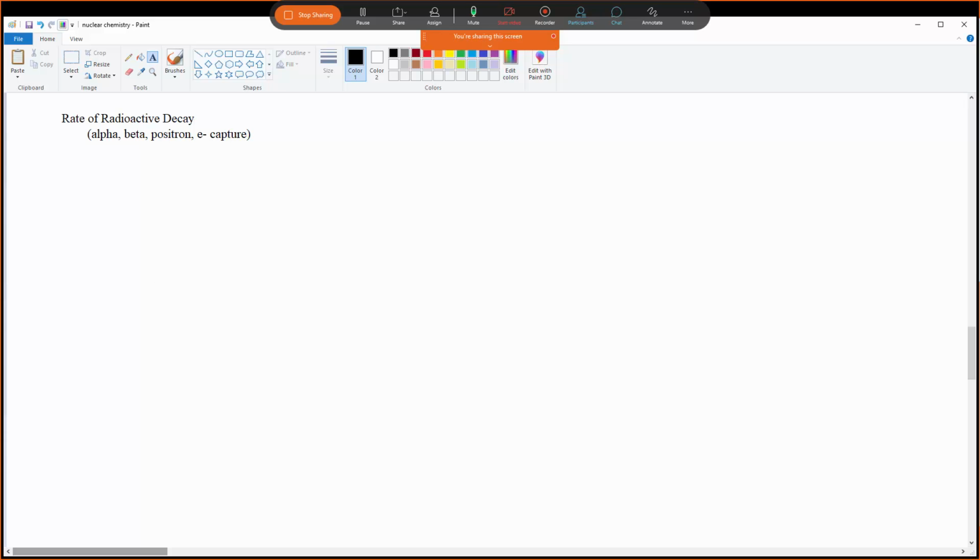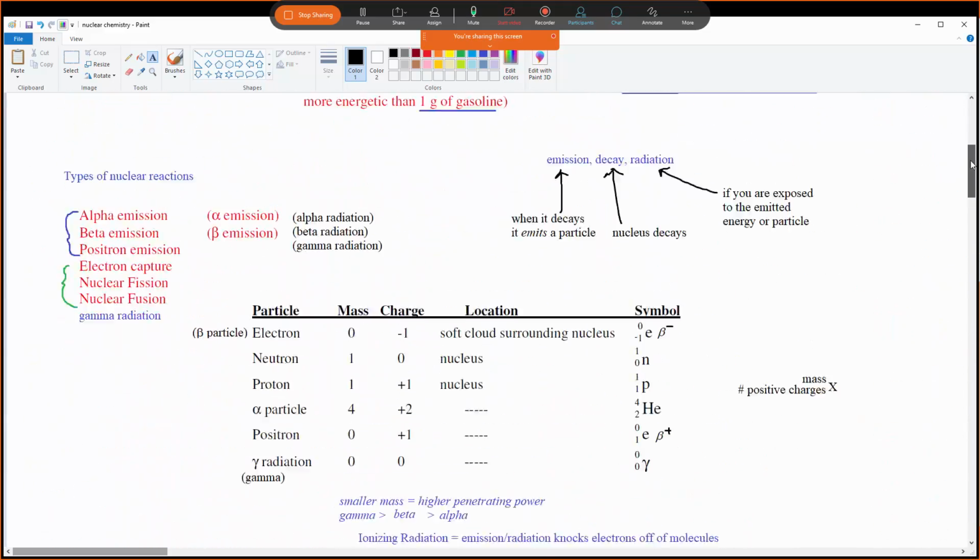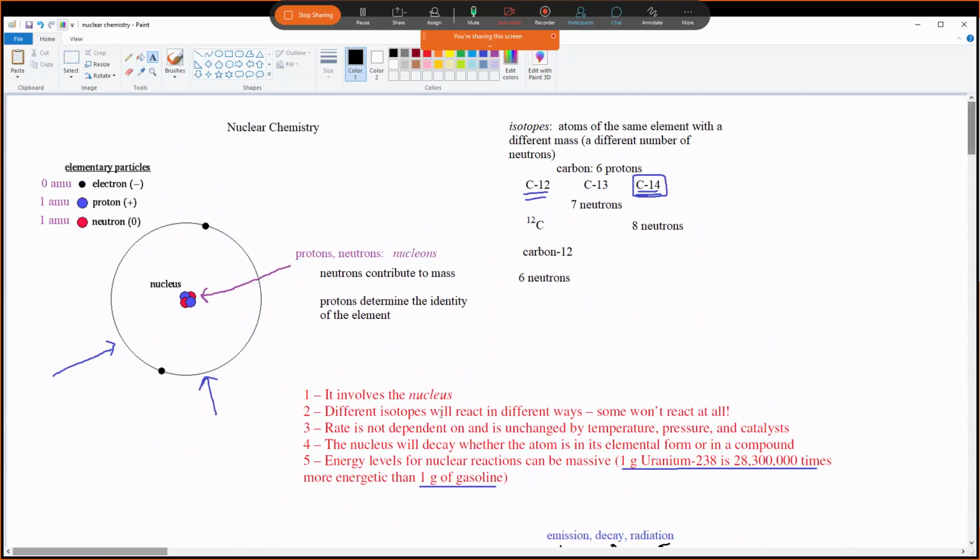We did say at the beginning of this unit, when we looked at nuclear reactions, that because it's in the nucleus and it's totally shielded from what's going on outside, your rate is not dependent on something like a temperature, pressure, or catalyst, right? Doesn't affect this whatsoever. So it's just going to decay when it wants to, whether the atom's in its elemental form or compound, regardless of what's going on outside.